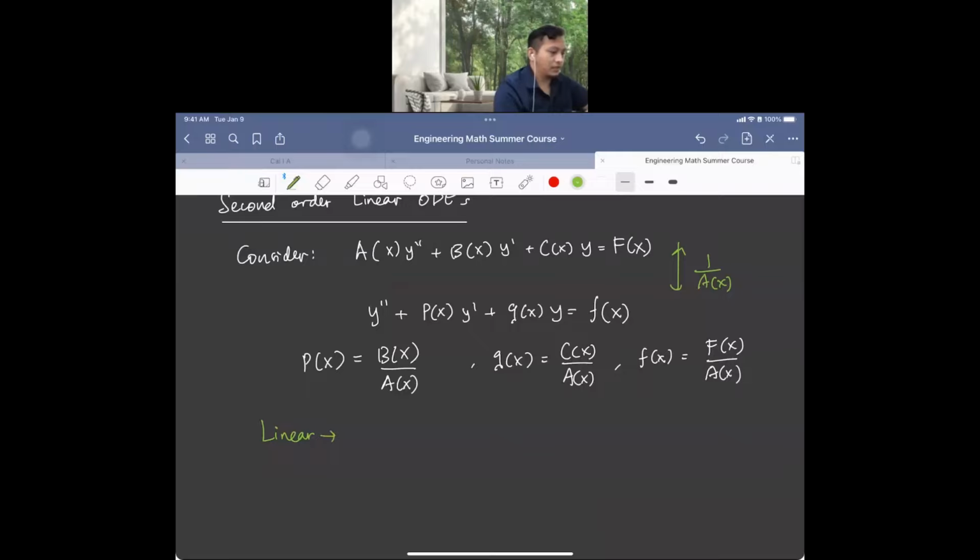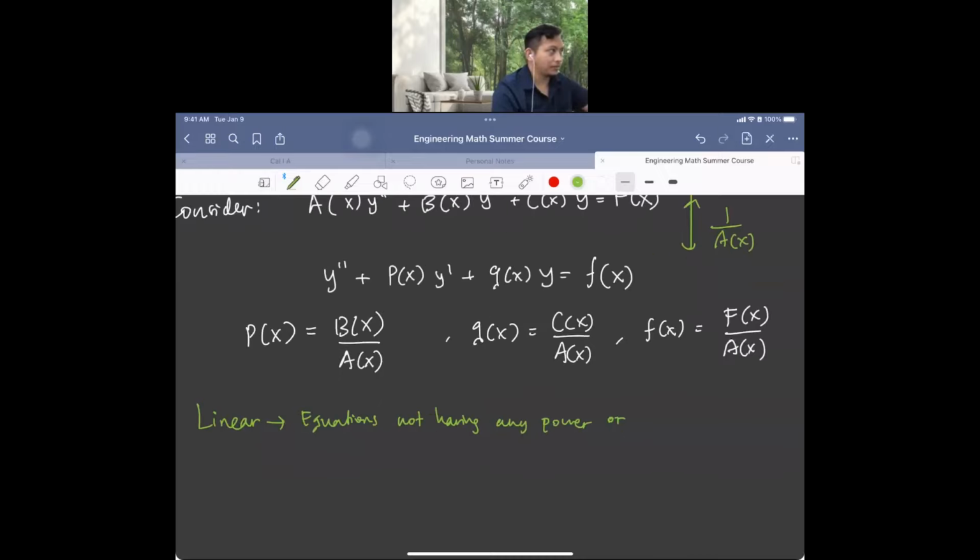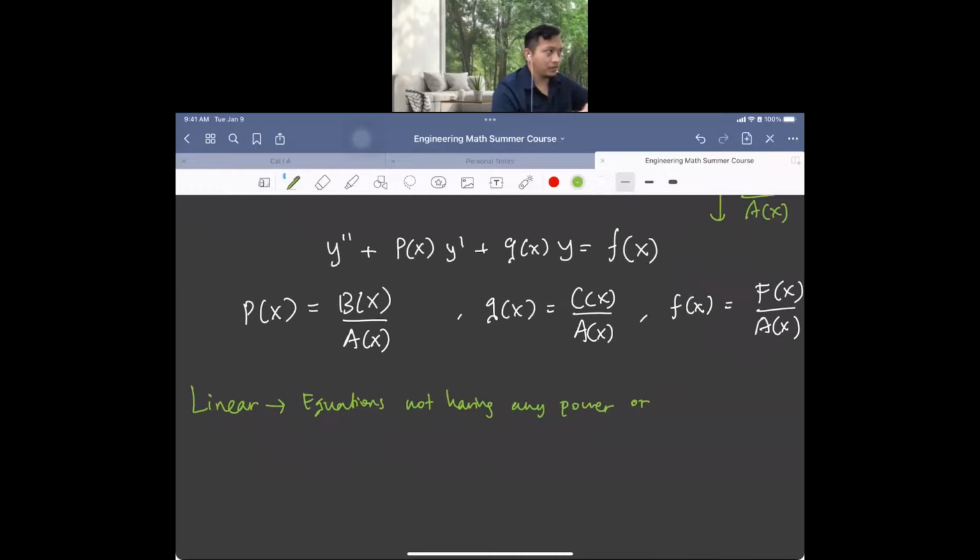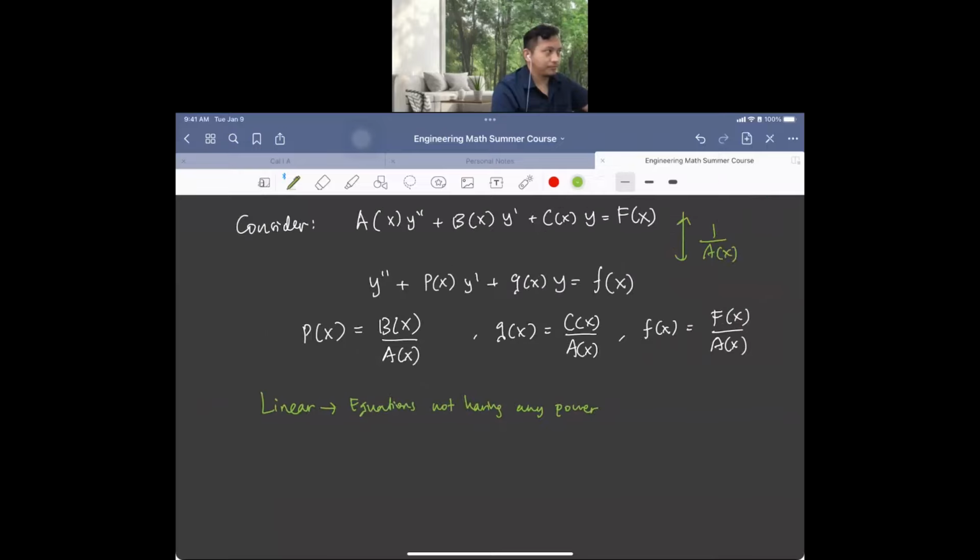Remember, linear equations are not having any powers.